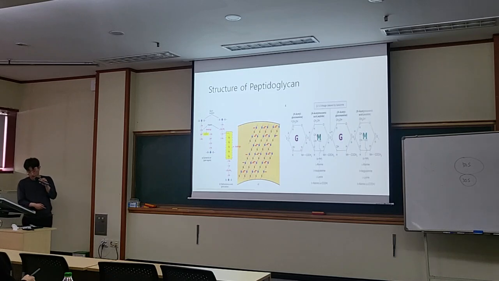This structure is also known as murein, and the polysaccharide chain of NAG and NAM are arranged in a lattice-like 3D structure by the cross-linking of the peptide side chains. The peptide cross-linking structure varies depending on the type of bacteria.